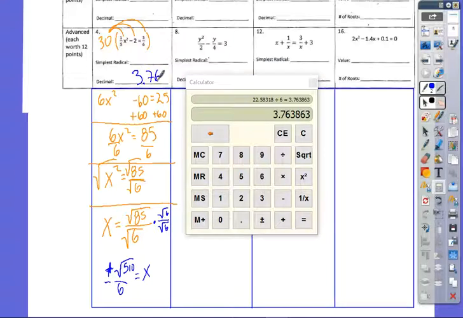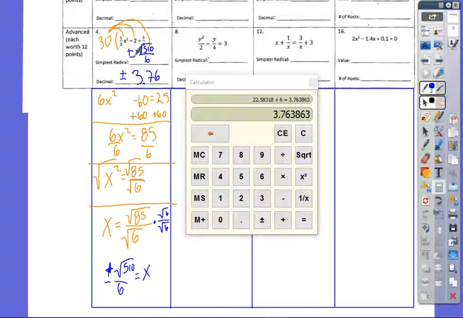Now, is that the only answer? No. What's the other one? Plus or minus. Okay, so we have plus or minus 3.76, and that is also plus or minus. All right, so taken as steps, I mean, none of these steps are overly difficult. It's just remembering what comes next.